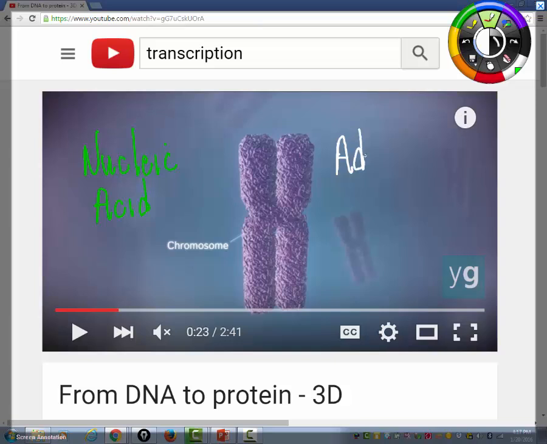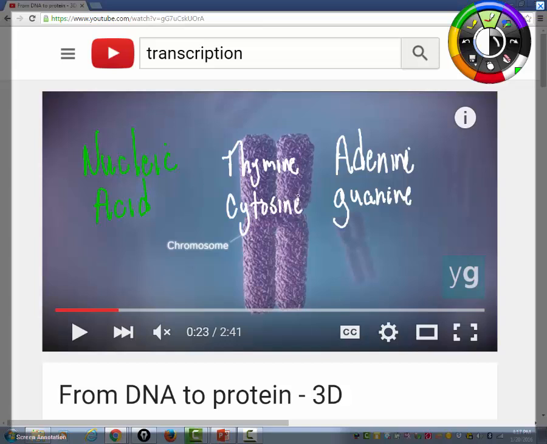One is adenine, guanine, thymine, and cytosine. And when you chemically bond those nucleic acids together, you form a strand of DNA.